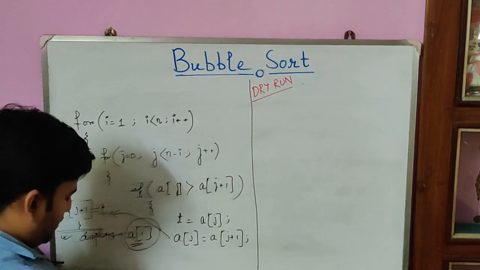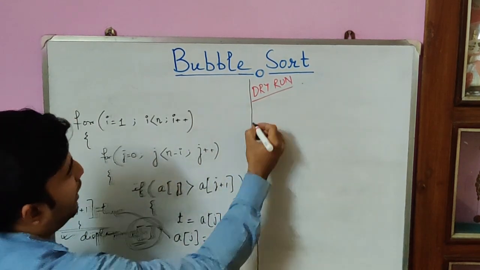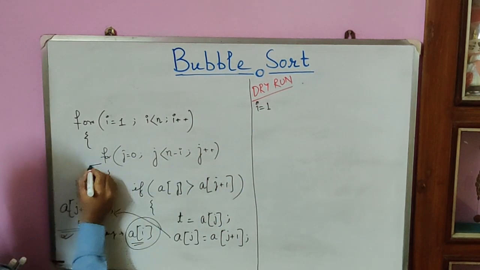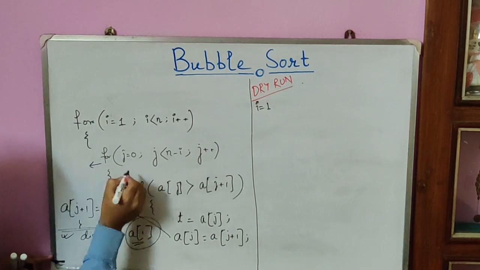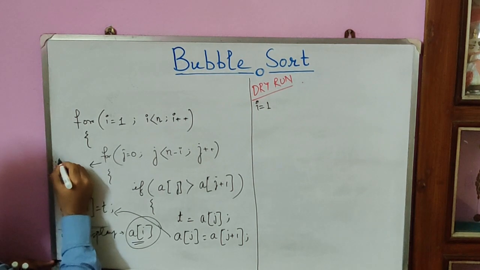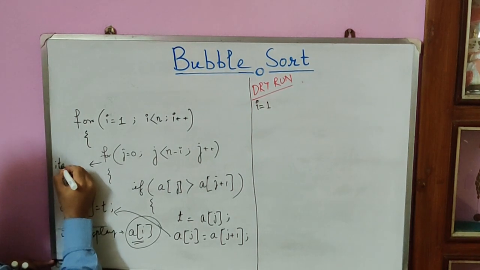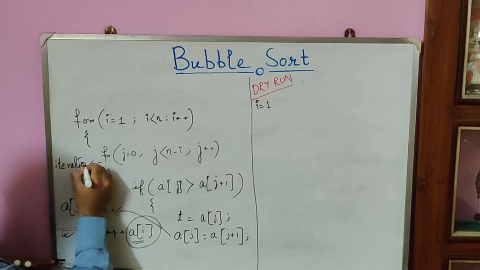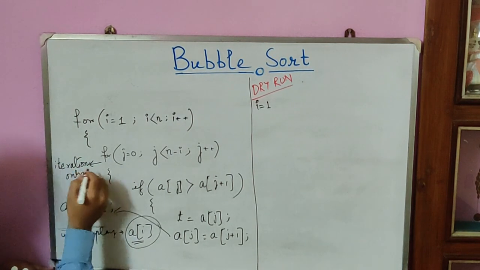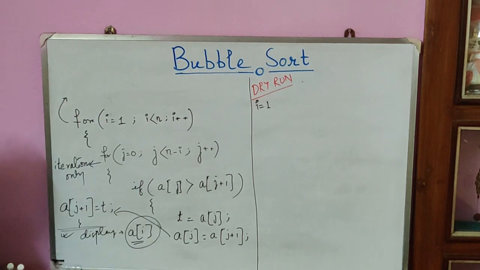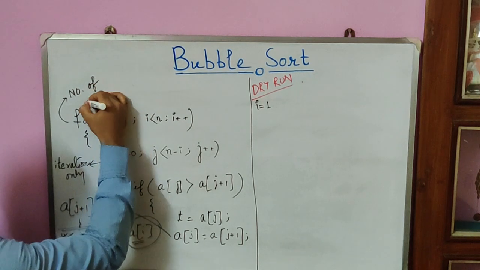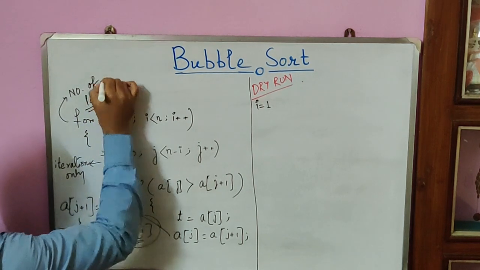Okay, so the first thing, i equals to 1. This is used for the iteration part, inner iteration. Only this inner loop, this for loop is used for number of passes.